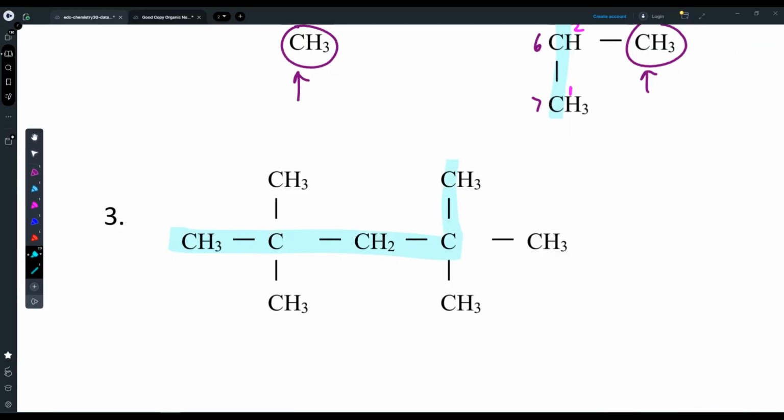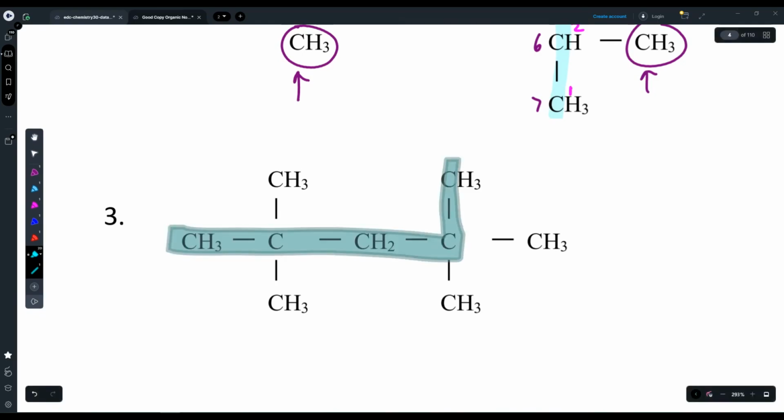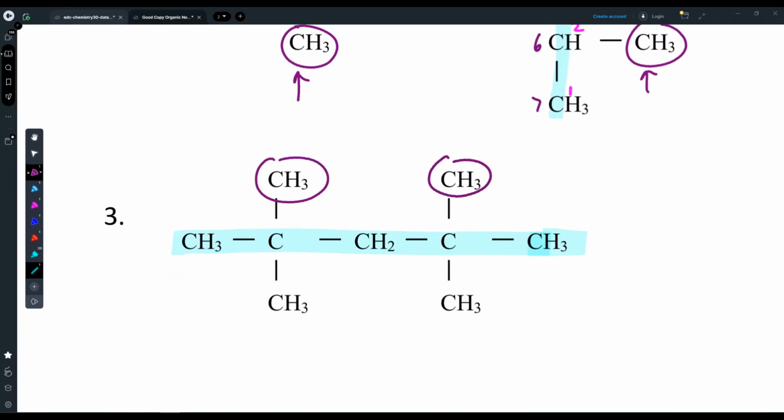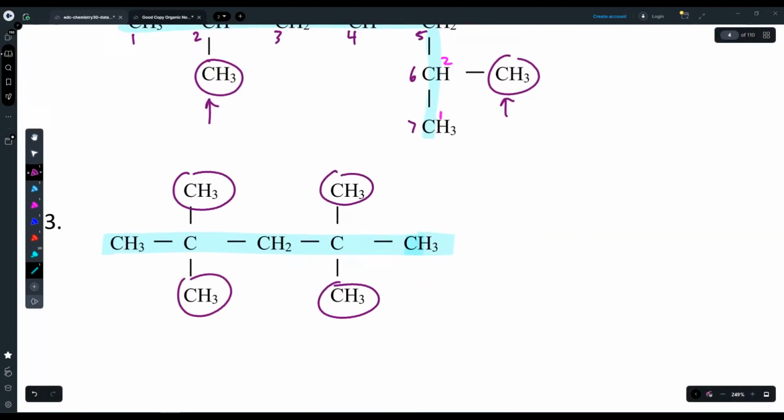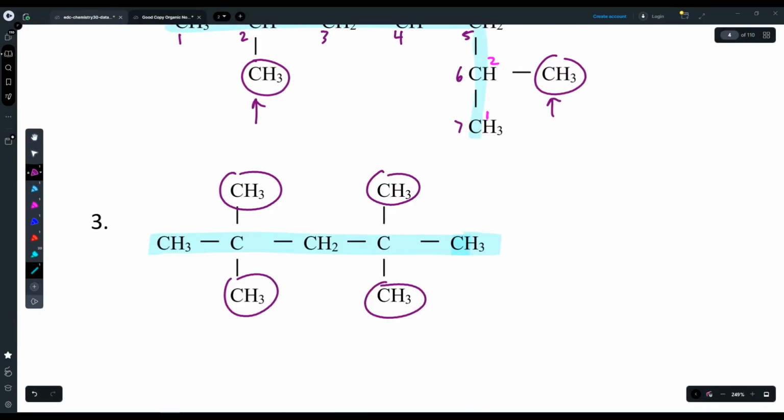Yes, I could have, because each of these has 5 carbons. However, I'm going to stick with this just because it's a little easier to see where the branches are. Okay, so branches are all here. Okay, so branches, all of them have 1 carbon in them, and there's 4 of them.